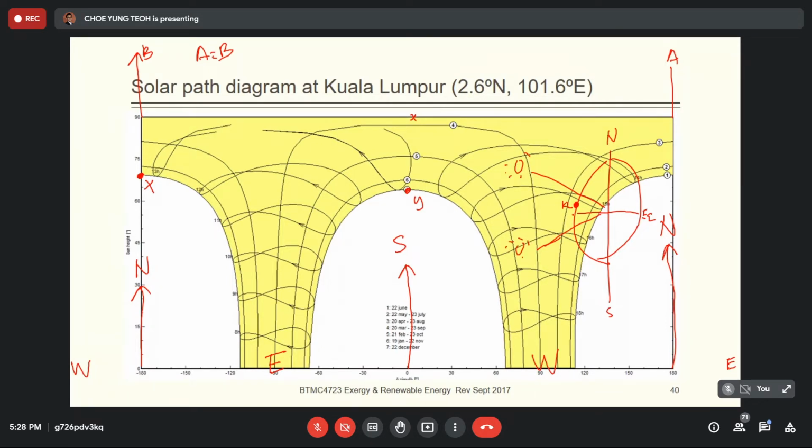So it means that the sun will be getting furthest away from Kuala Lumpur when it goes to the south, correct? Because Kuala Lumpur is located slightly north, so you will be more angled if you move to the south. So as we can see here, yes, it matches our explanation over here. Y is lesser than X. And then all the lines remain the same.